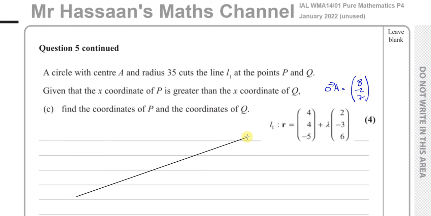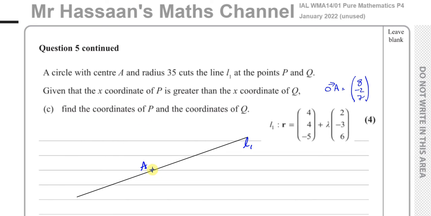Let's say this is line 1. Okay, we don't know exactly what it is. I know that A is on line 1. How do I know that A is on line 1? Because A was the point where line 1 and line 2 intersect. Now, there's a circle with center at A. Okay, so let me just draw a circle.